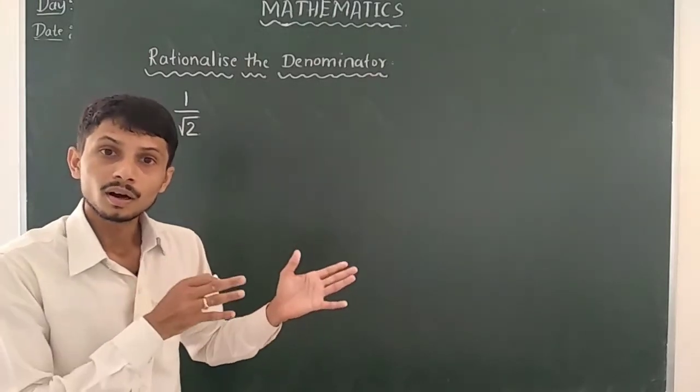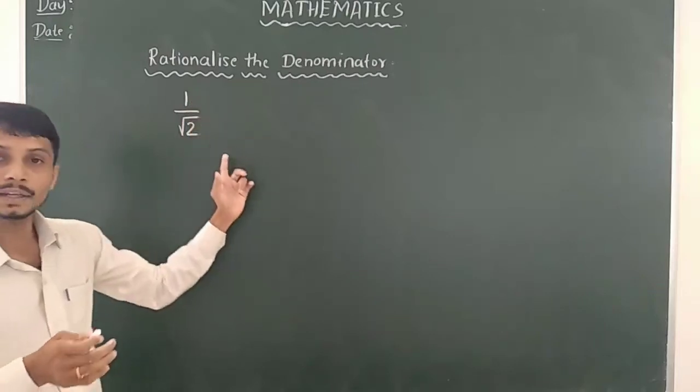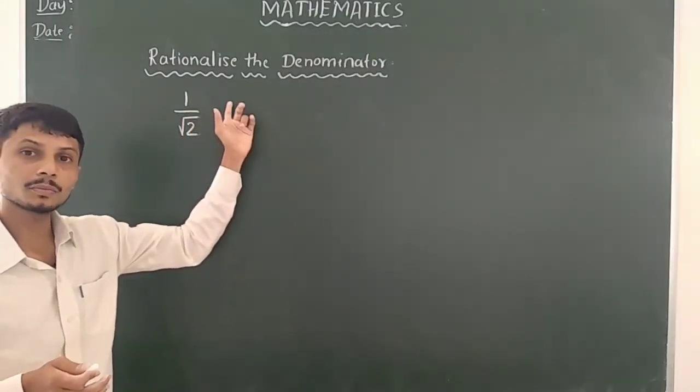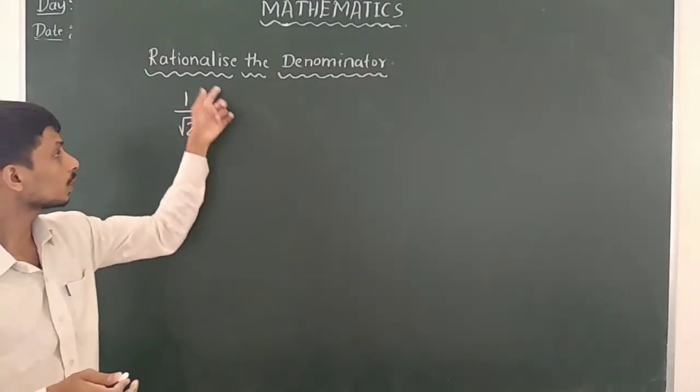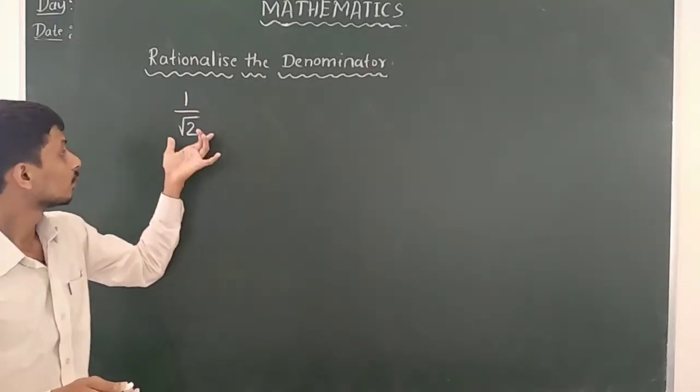So what do we have to do? We have to multiply and divide. We multiply the numerator and the denominator, the whole number, with root 2.